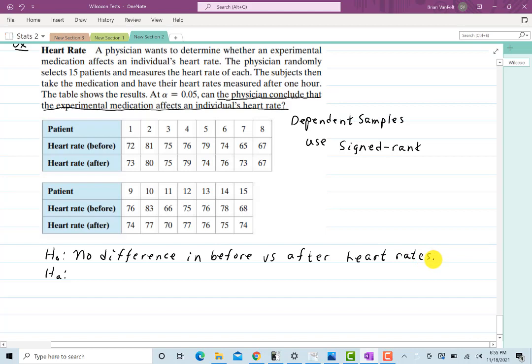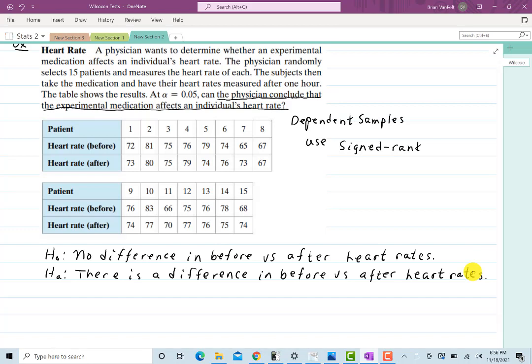And of course, the second one, HA, would say there is a difference in before versus after heart rates. They didn't say lower or higher or anything like that, so we've got to take what we can use, and this looks like it's going to be a two-tailed test.